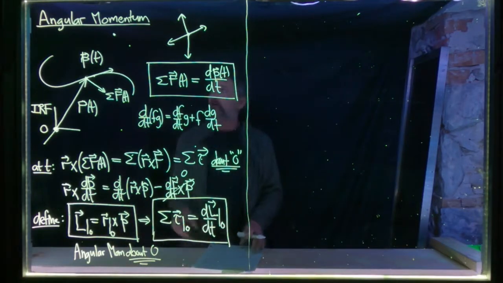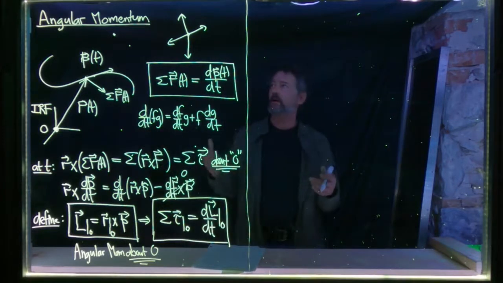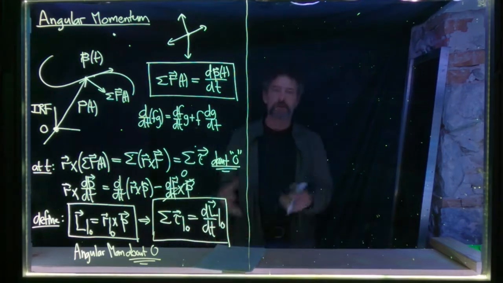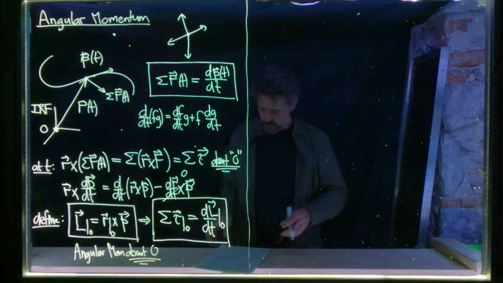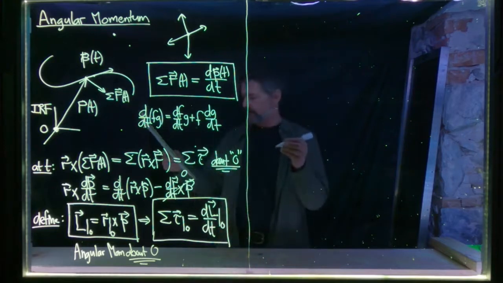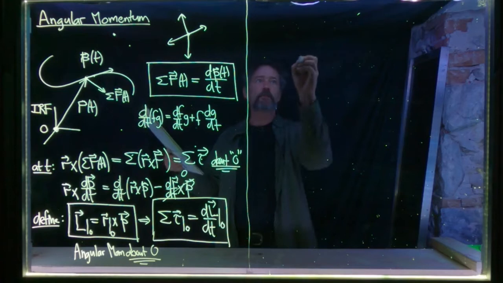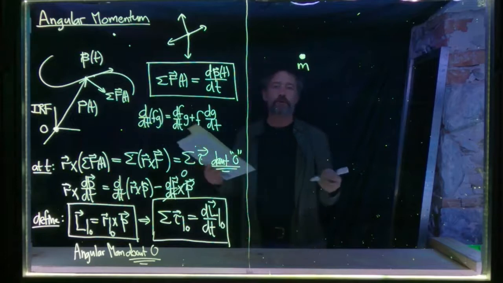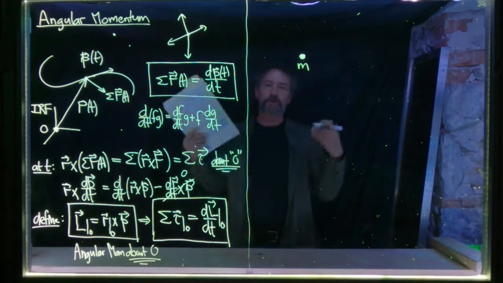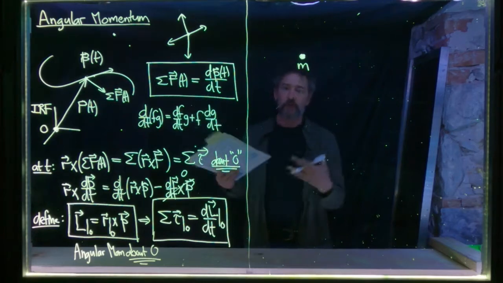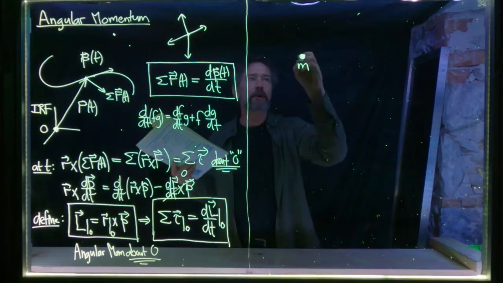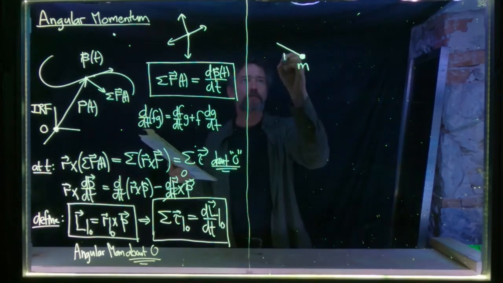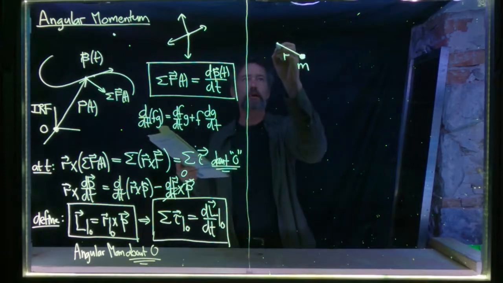So let's think a little bit about why this is called angular momentum. The simplest possible example is this. You have a point mass m, and from this point mass, we're going to construct the simplest possible rigid body, our elemental rigid body, which is a point mass m connected with a massless rigid rod of length r to a pivot point.